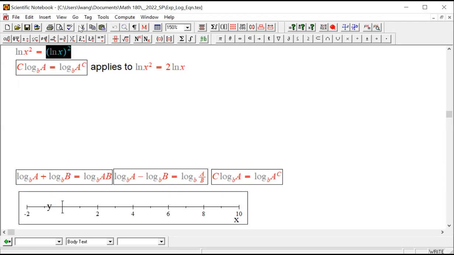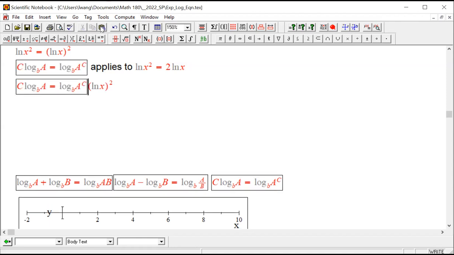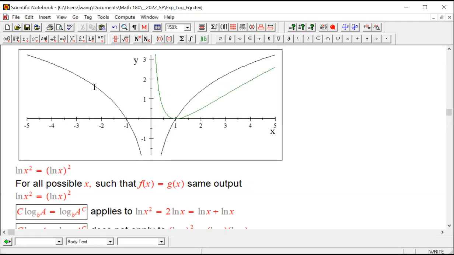And this one, however, this property does not apply to the second one, because the second one means ln x multiplied by ln x. The first one means ln x, because we have 2 of them, ln x plus ln x. So that's the major difference notation-wise as well.